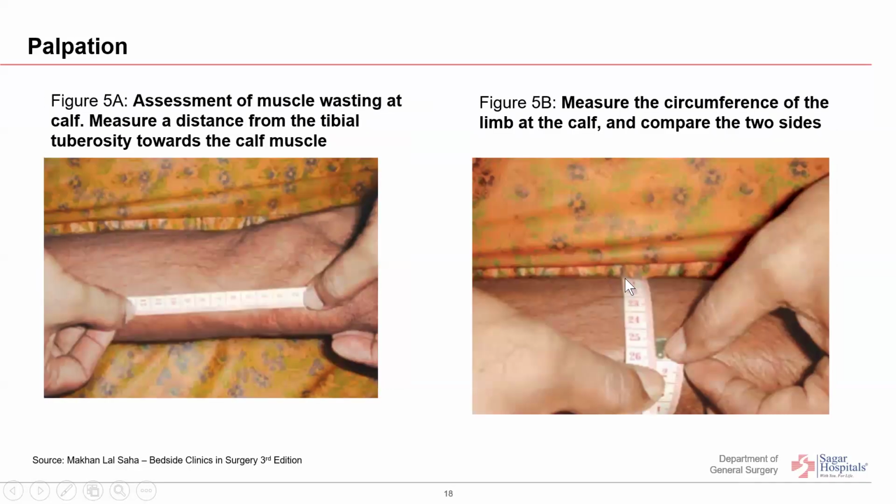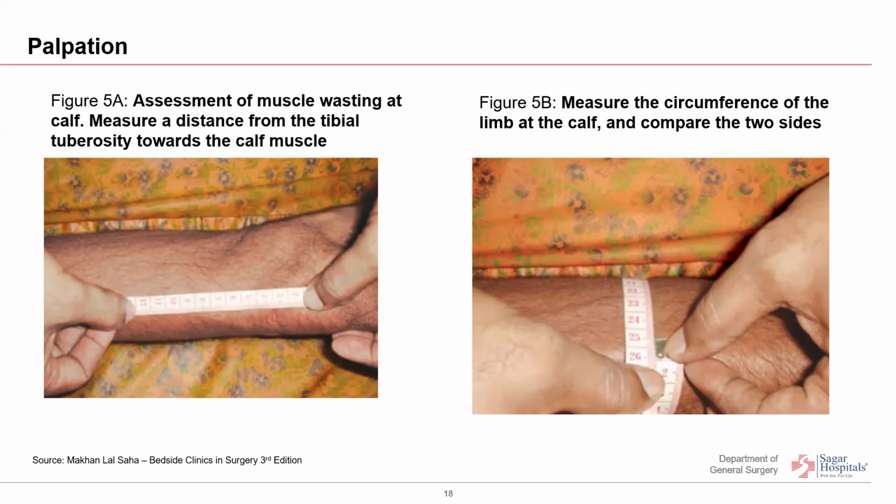And coming to palpation, the calf muscle wasting has to be quantified. One important thing I want to emphasize is how you do this calf muscle measurement. First you take the normal limb and see the girth of the muscle, the circumference of the calf where it is maximum.